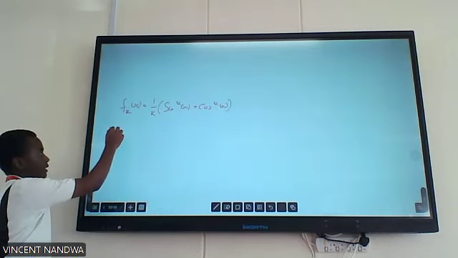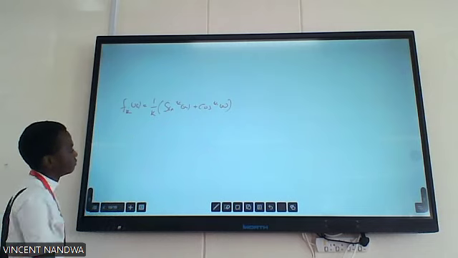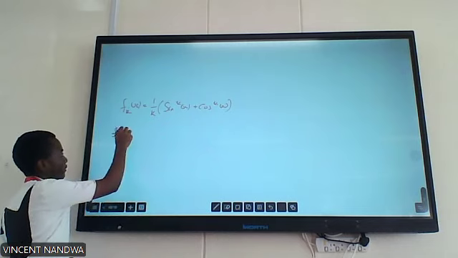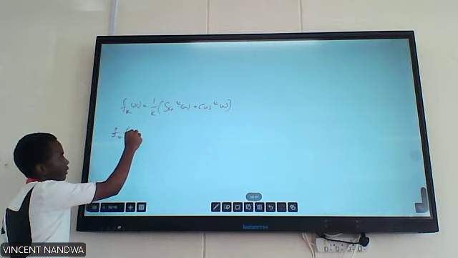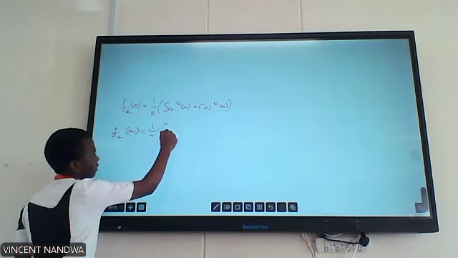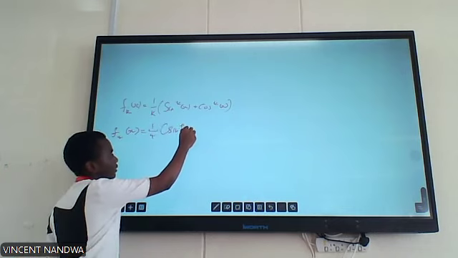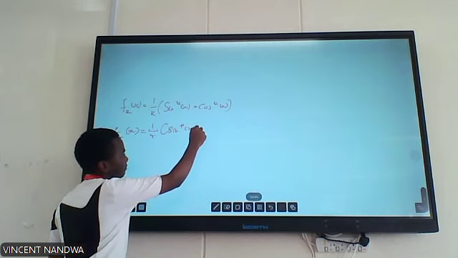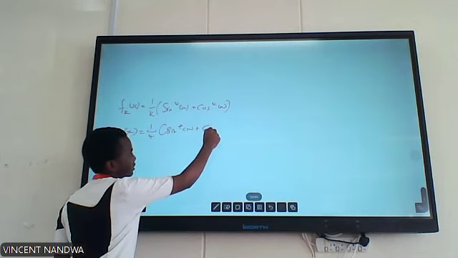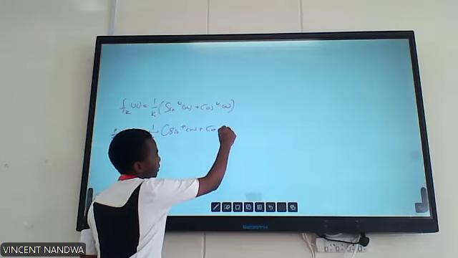So to start off, we'll start with f sub 4 of x equals 1/4 of sine x to the power 4 plus cos x to the power 4.